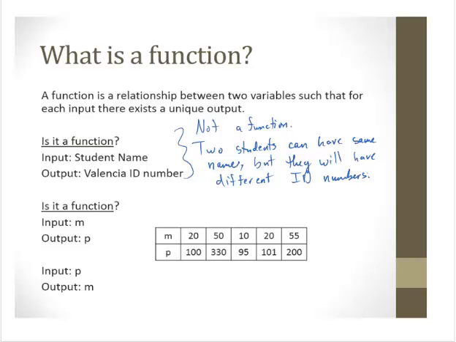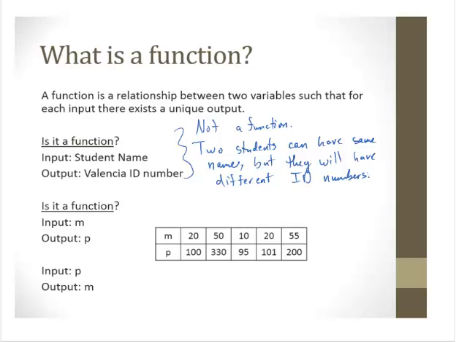So the input, the student name, suppose just, and for my case, Joel Berman. Suppose that there was another Joel Berman. My student ID number would be different from the other student ID, and so the input, Joel Berman, would have two different outputs, and so it's not a function.